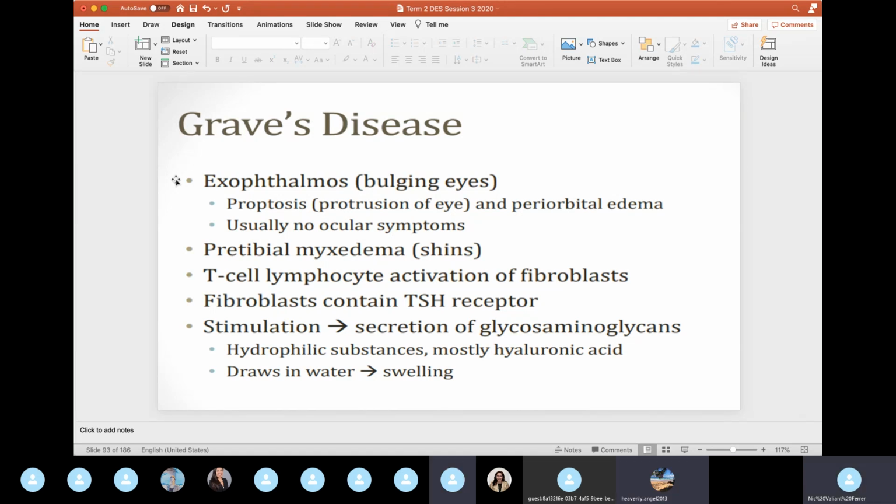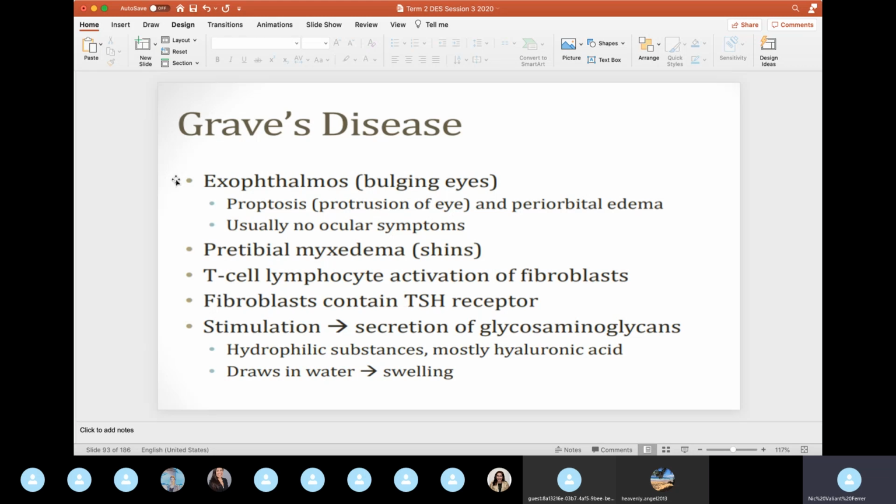Specifically, you have increased glycosaminoglycans, your GAGs, behind your eye. That's why you have protrusion or proptosis and periorbital edema. You can also have pretibial myxedema, only on the shins. You can also have T-cell lymphocyte activation of your fibroblasts. And of course, stimulation leads to secretion of your GAGs, your glycosaminoglycans, which draws in water. That's why you can have swelling in your exophthalmos.